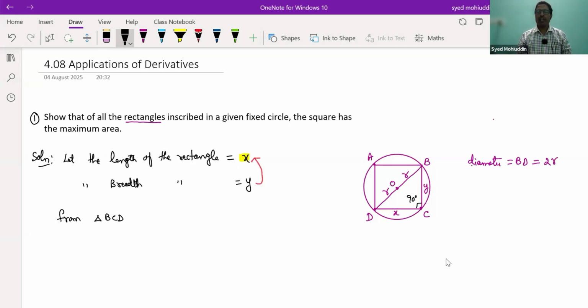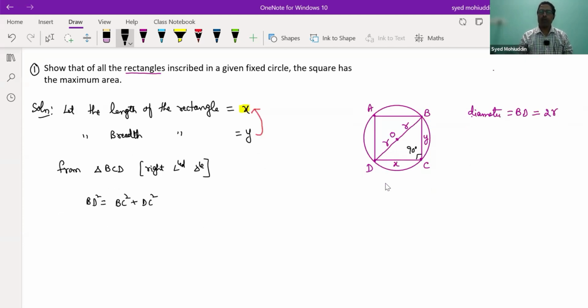Since BCD is a right angle triangle, we can apply the Pythagoras theorem from triangle BCD. Now this is a right angled triangle, so we know the hypotenuse square, that is BD square, is equal to BC square plus DC square, just by using the Pythagoras theorem.